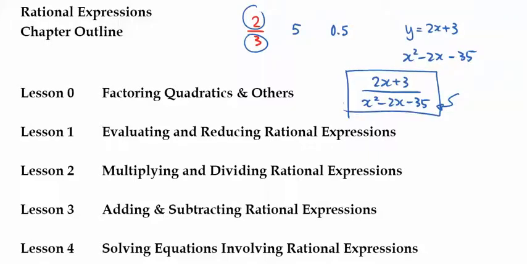When we add, multiply, and divide different rational expressions, you will then be able to simplify all these questions here.